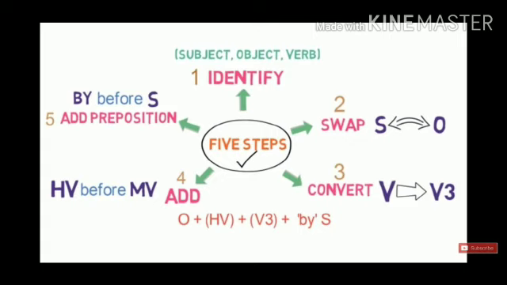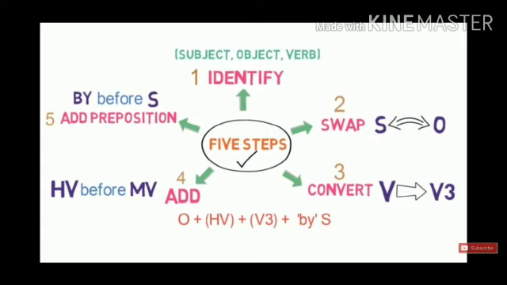Next is swapping: swap the subject to object and object to subject. Third is converting the main verb into the past participle, that is the third form of the verb. Already we have seen the example: eat, ate, eaten. Eaten is the third form of the verb, the past participle.